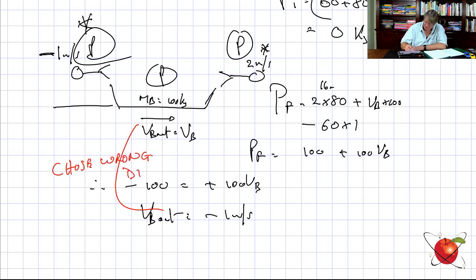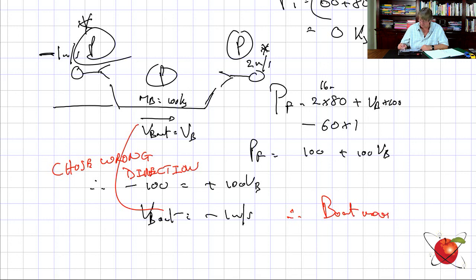I chose the wrong direction. That's all that's happening here. All that we're going to do now is say, therefore, the boat moves at 1 meter per second to the left.